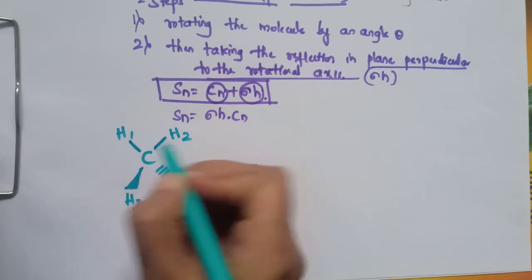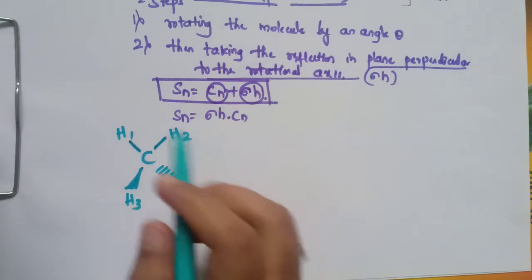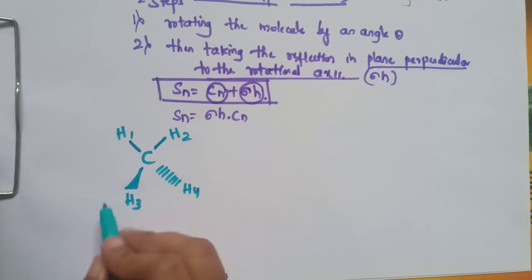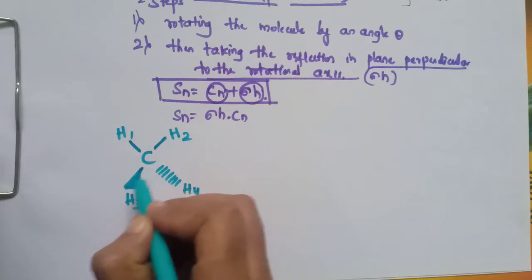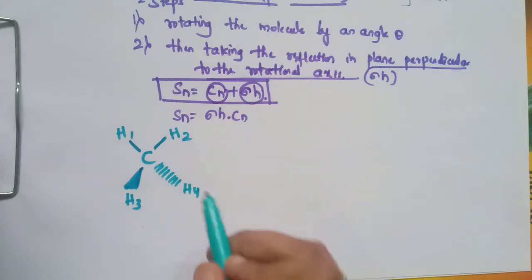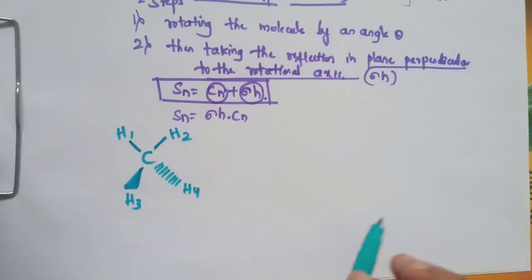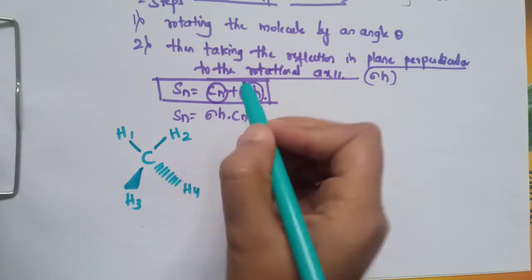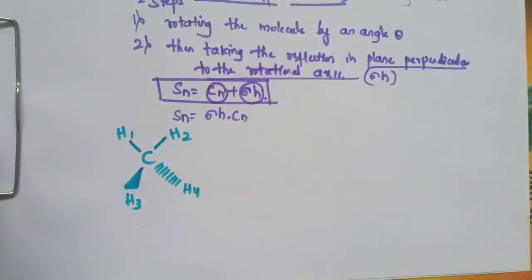This line shows that these H atoms are on the plane of the paper, where this wedge shape shows that H3 is towards the observer, and this dash shape shows that it is away from the observer. First we perform the operation Cn, that means rotating the molecule by an angle theta.